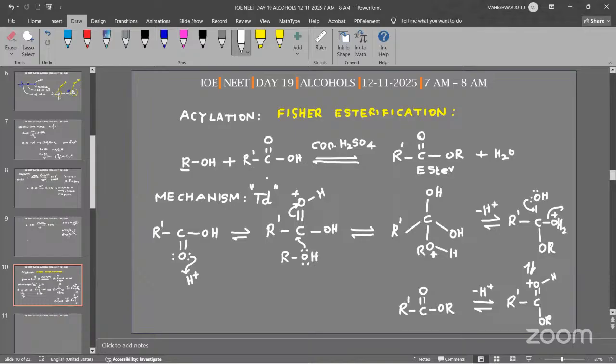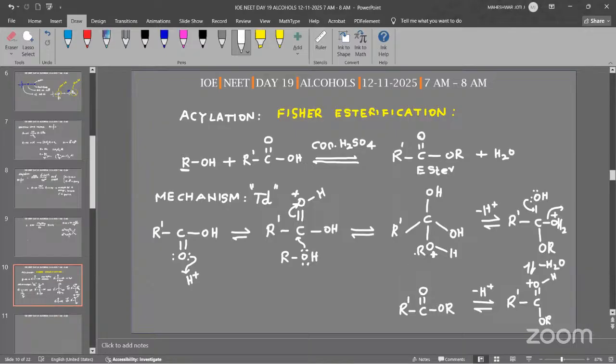So Fischer esterification follows the tetrahedral mechanism. First addition takes place, followed by elimination. So in this type of reaction, what is eliminating here? Water is eliminating. This type of reaction is called a condensation reaction.